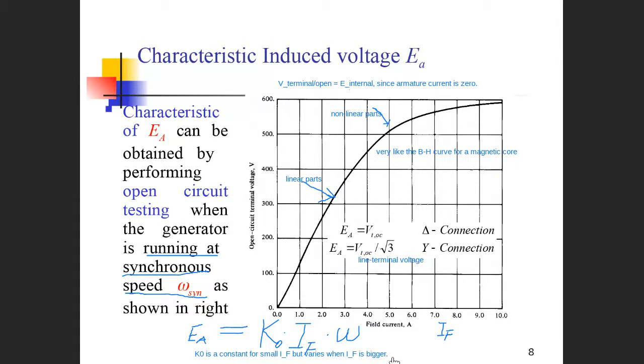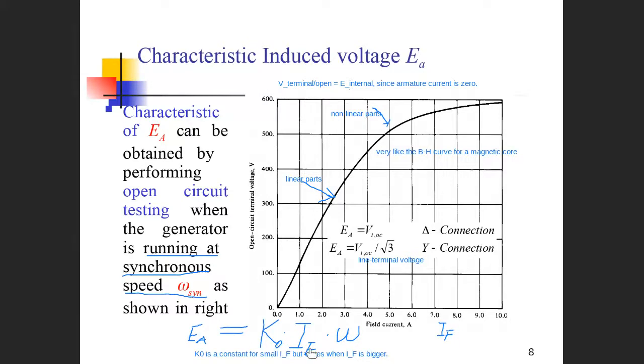Remember this point. In practice, we can use the generators in the linear parts or the nonlinear parts. Both have advantages and disadvantages. If a question says that this machine is working in the linear part, linear excitation, that means chi 0 is a constant.